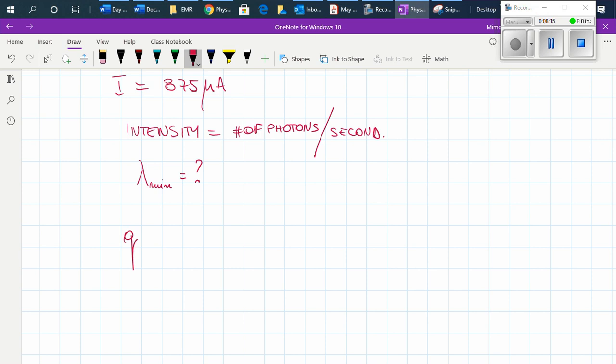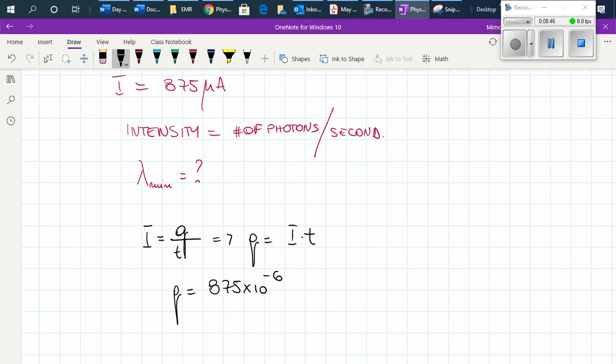Using the fact that the intensity of the current is the rate of charge, meaning the number of charges per unit of time, we can figure out that Q is equal to I times t, which in our case will be 875 times 10 to the power of negative 6 amperes times 1 second.